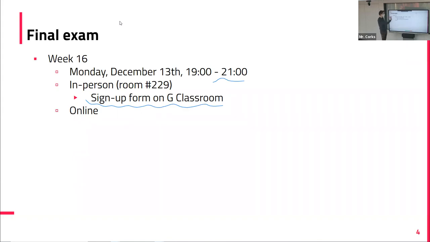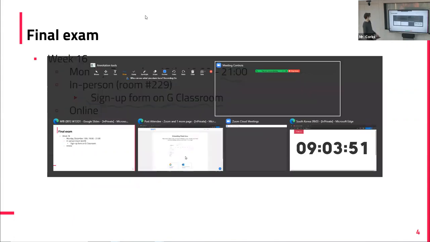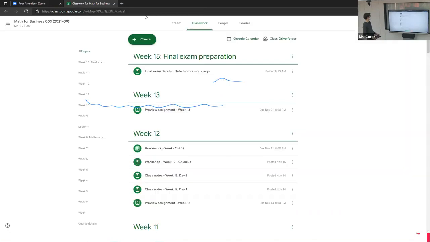So if you want to do the exam in person, you don't have to do any scanning or selfies, so that's a little more convenient. But you do have to tell me, and I've just posted the post with all the details, and the sign up form is there as well. This one, week 15, final exam details.